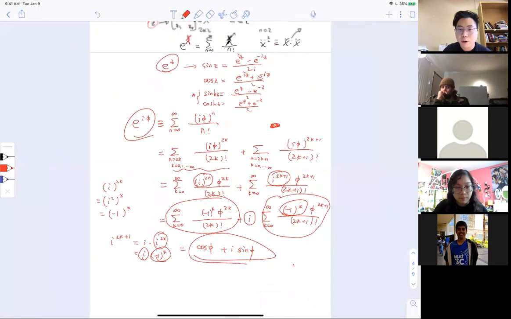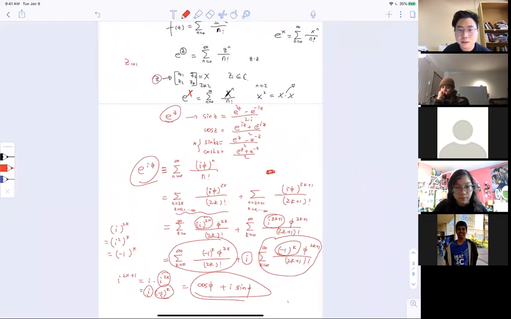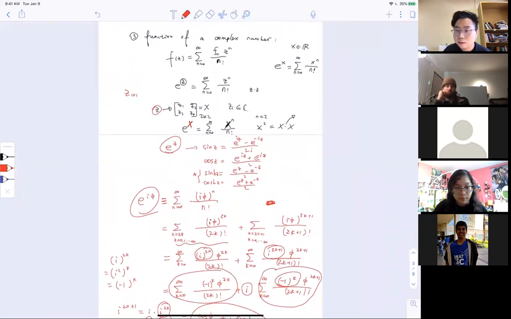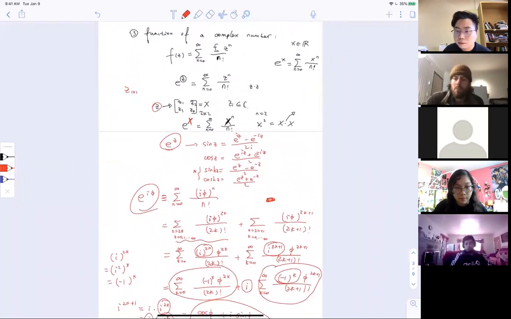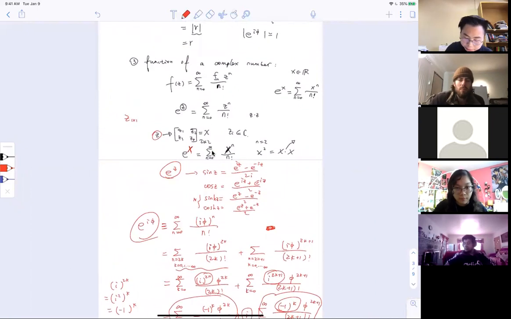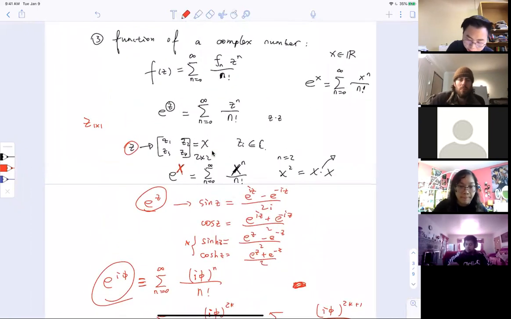Any questions about this part? Basically, the information I want to convey here is that whenever you see a function of a complex number and you don't know what it is, you should always ask what the Taylor series for this thing is.